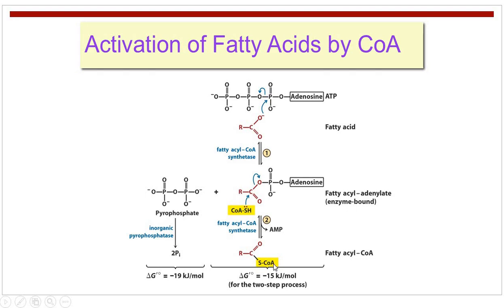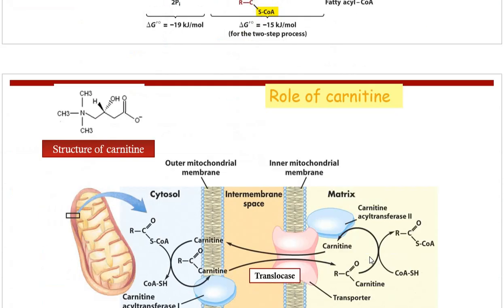Now the acyl coenzyme A, which is produced here, is impermeable to the inner mitochondrial membrane. So it is transported through the carnitine shuttle.